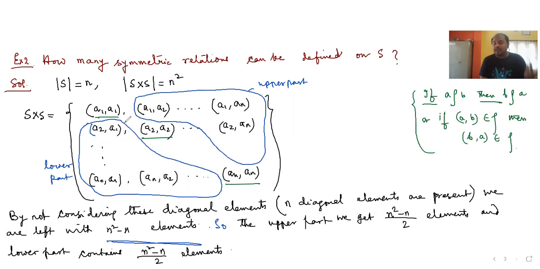It means that a1 comma a2 and a2 comma a1, both the twin brothers, are present in your relation. a1 comma an and an comma a1, both of them are present. So all the twins are considered present if you declare that your relation is symmetric.